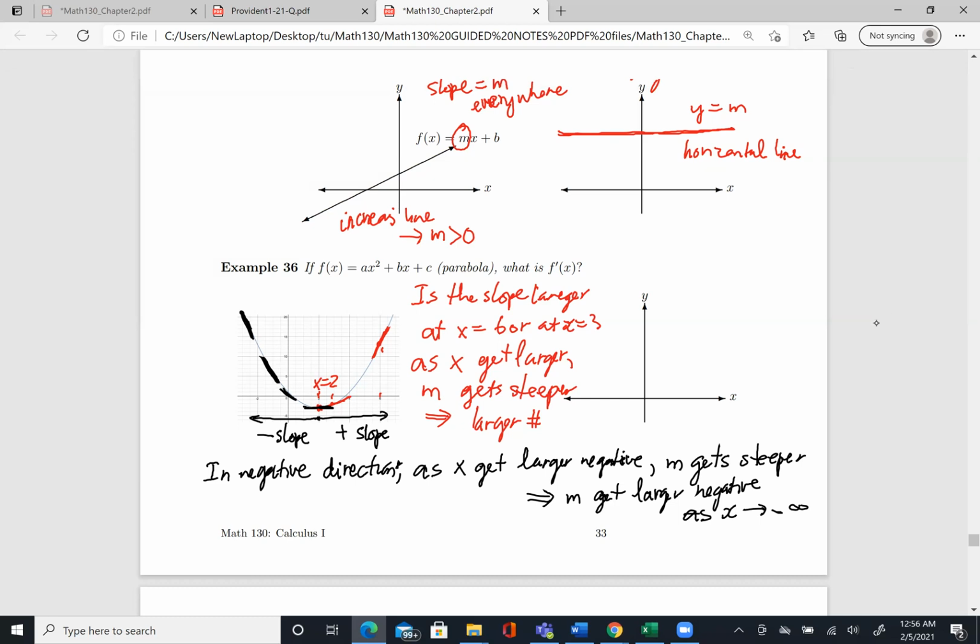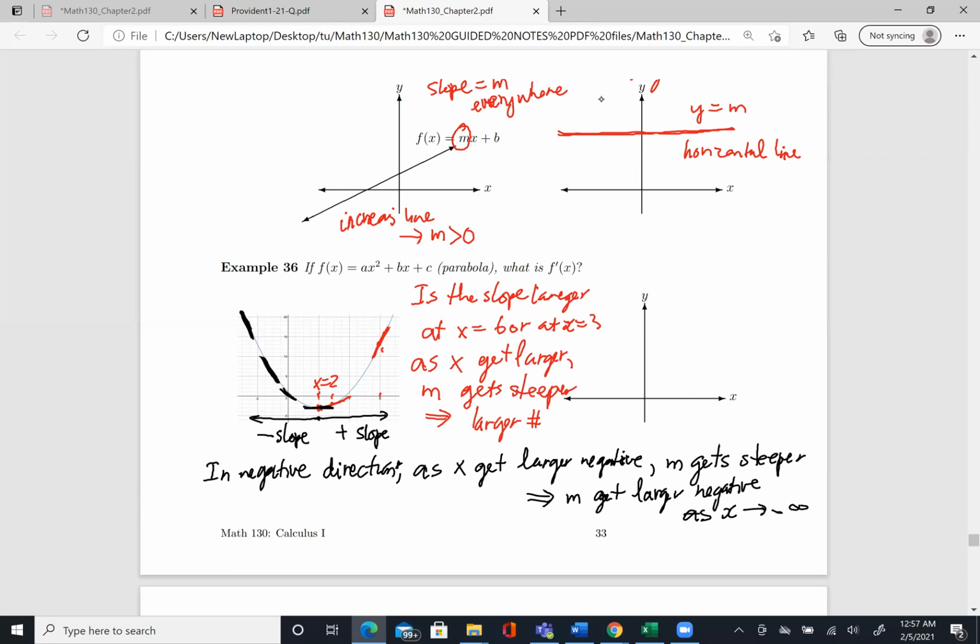So for the case of what the f derivative function is, you should know that at x equal to 2, the slope is going to be equal to 0, right?